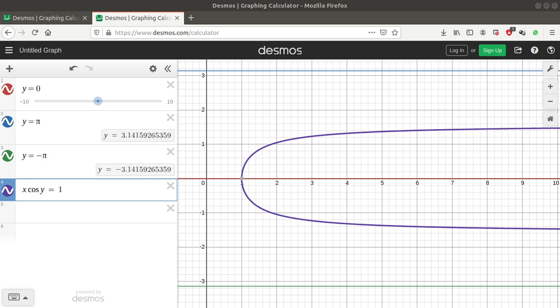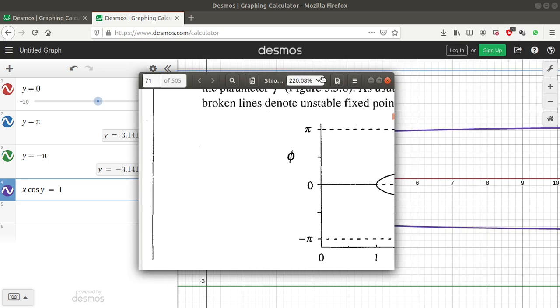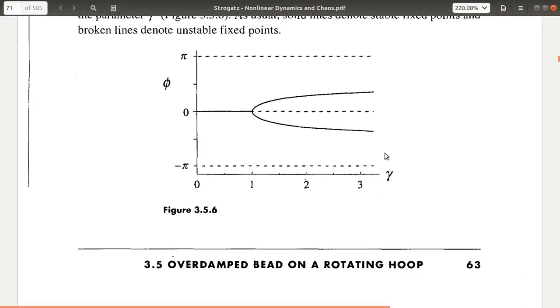So I'll show the picture of how the system will look. This is the bifurcation diagram. Once you identify which branch is stable and which is unstable, you end up with this, and from this picture you can see that it's a supercritical pitchfork bifurcation.